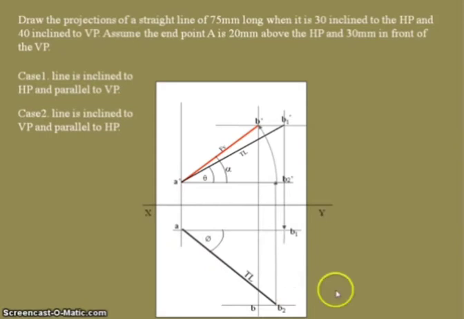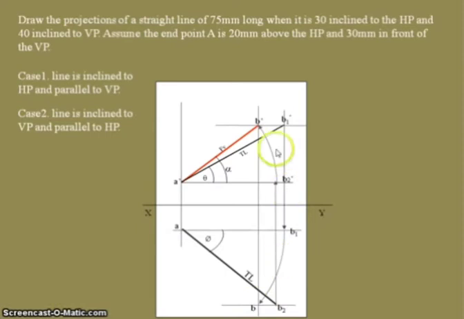We can join A to B for getting the final top view. Otherwise we can draw a curve from B1 with A as center, so again we are making use of the top view of the first case. With A2 B1 as radius and A as center, draw a curve, and we get the same intersecting point. By drawing the vertical construction line from B dash, or by drawing a curve, we get the same intersecting point.